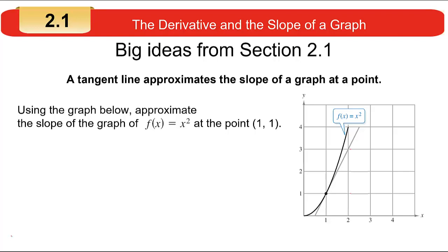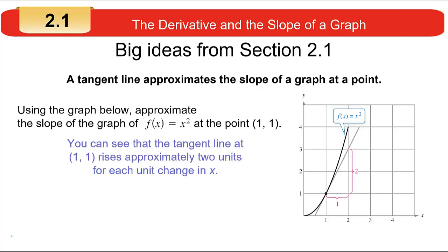But if you assume that that's exactly what the tangent line does look like, it's fairly easy to find the slope. And what you'll notice, since you know that the slope is a change in y with a change in x, or rise over run, you can see that if you move from the point 1, 1, here you go 1 point to the left and 2 points up to get to another point on the tangent line.